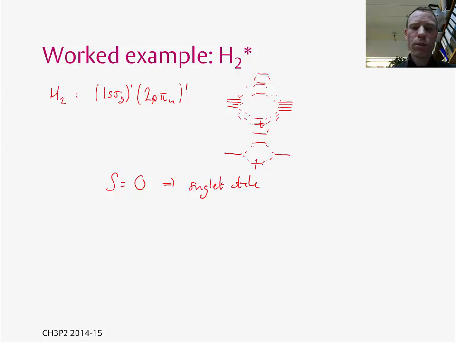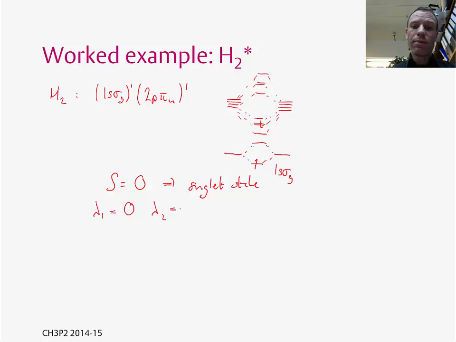Now we need to work out what our lambda values are. So lambda 1, let's think about the electron in the 1s sigma g orbital. This is an orbital made from s orbitals, so it has a lambda value of 0. The other electron is in an orbital which is made from p orbitals, so these have an L of plus or minus 1.